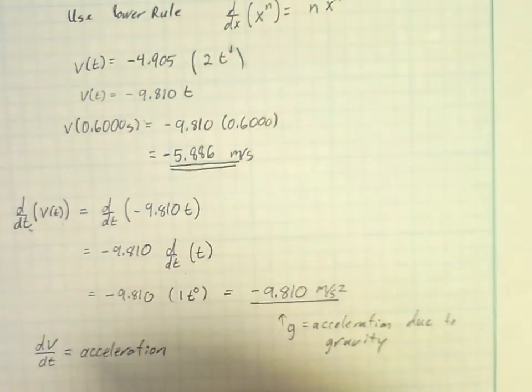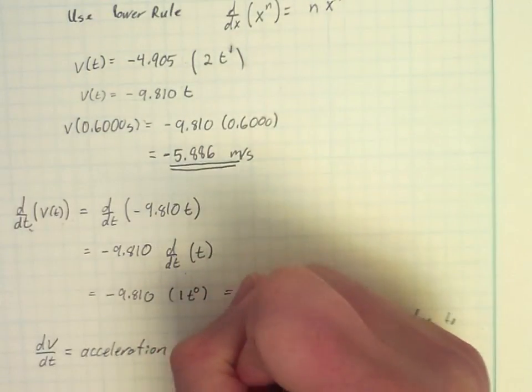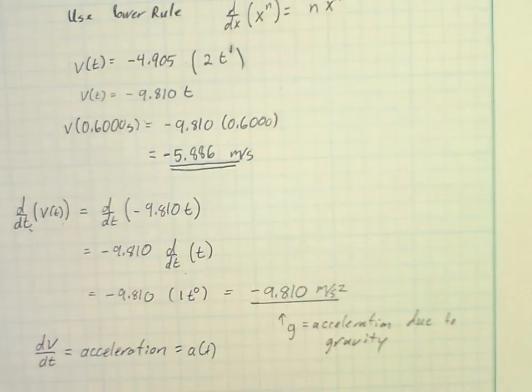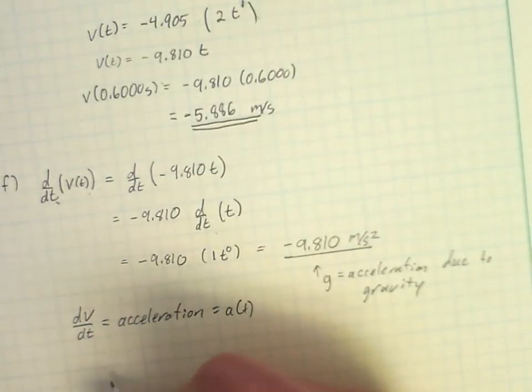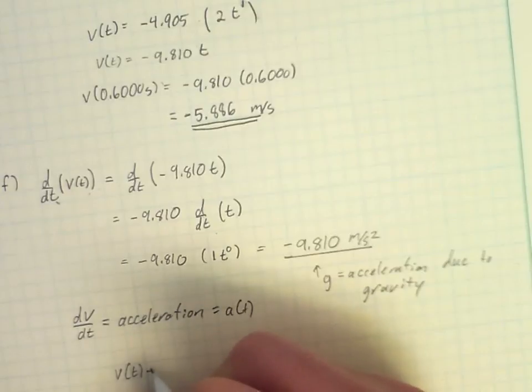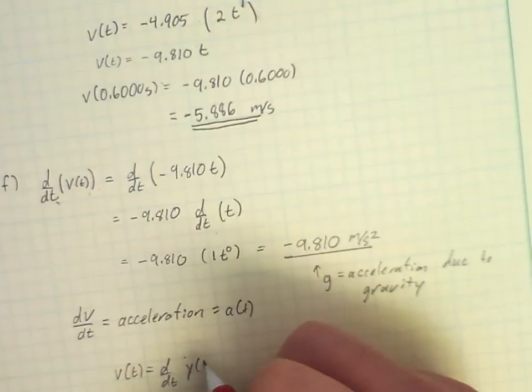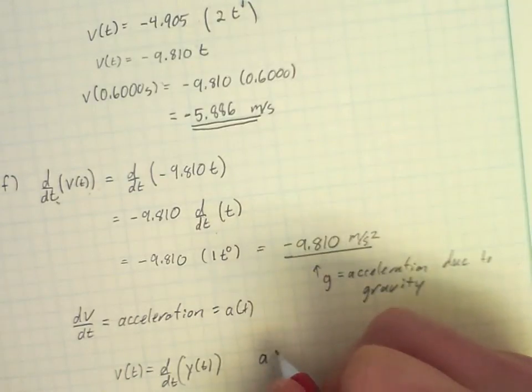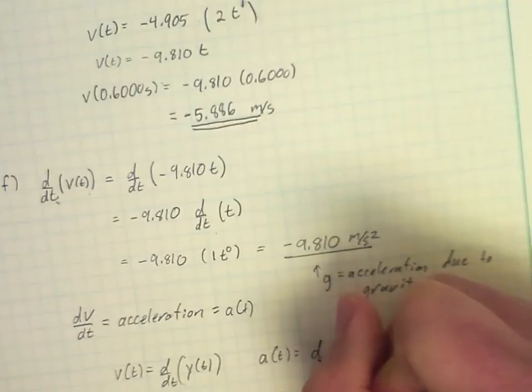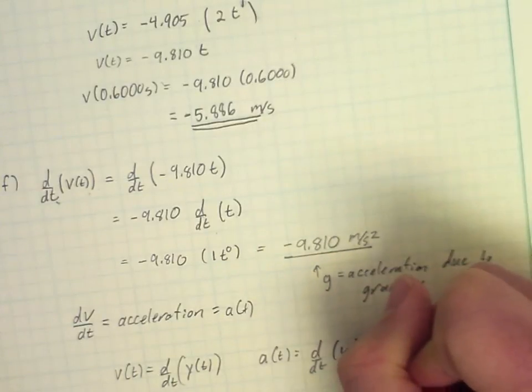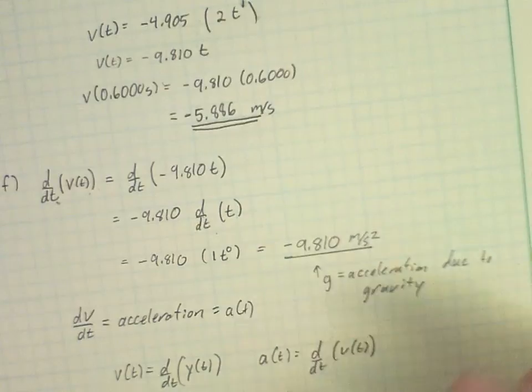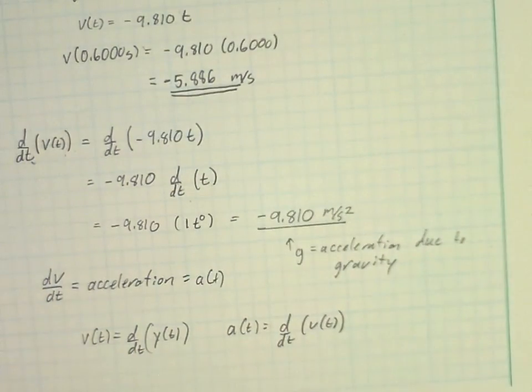And so many times we will write this as a of t. So the key factors we learned here are that v of t is the derivative with respect to time of our position, and that acceleration is the derivative with respect to time of our velocity. And that's useful in many different applications, and we may have different functions that fit y. Sometimes y is linear, sometimes it's quadratic, sometimes it will be a more complicated thing, but these principles will hold true.